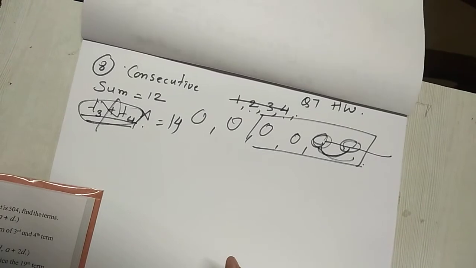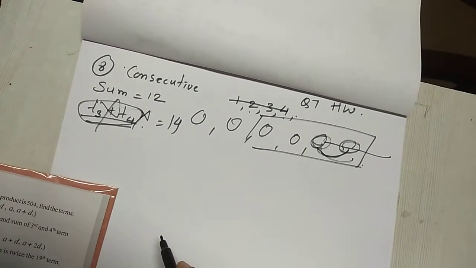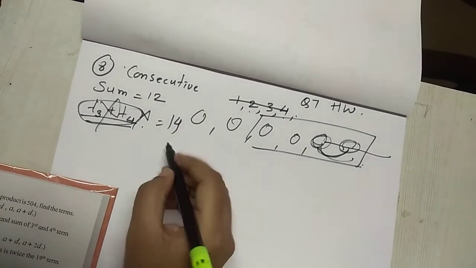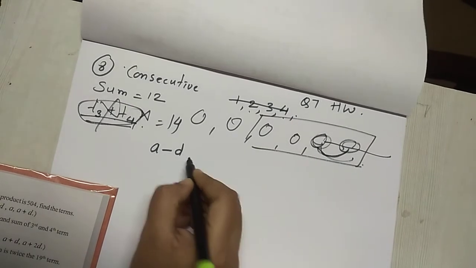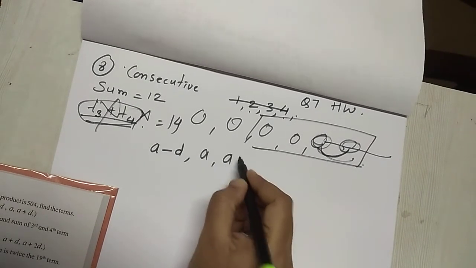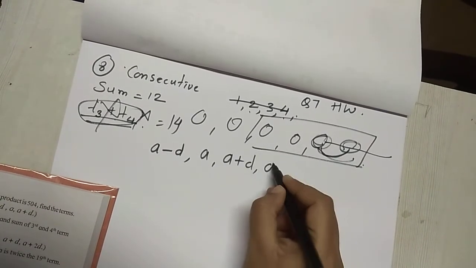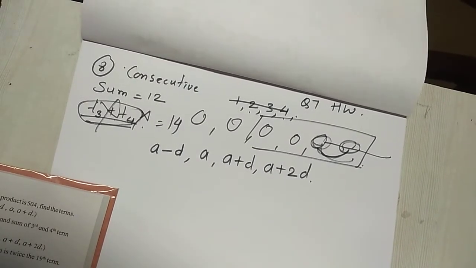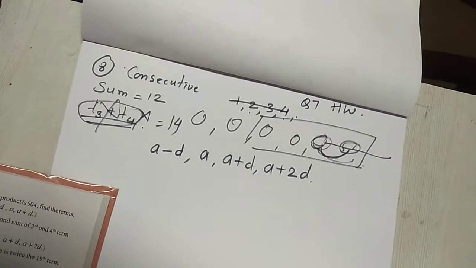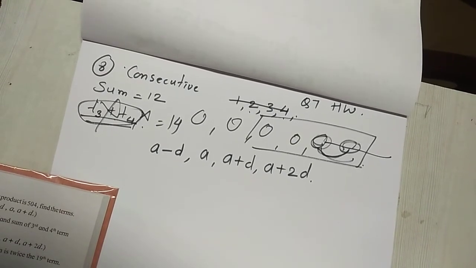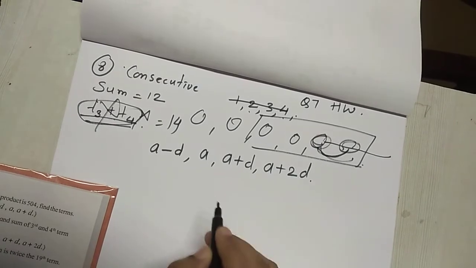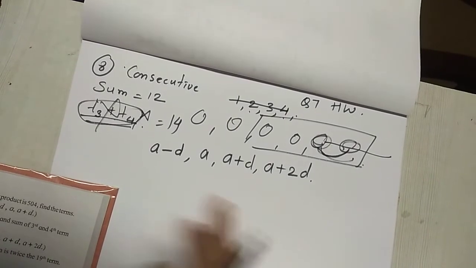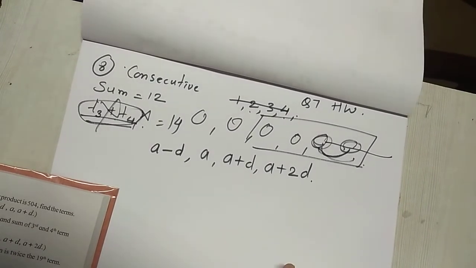Remember children. Now what we are going to do is assume the terms as a minus 3d, a minus d, a plus d, a plus 3d. Now you will say why did we assume like this? See children, whenever they talk about 2 consecutive terms or 3 or 4 consecutive terms, remember in the AP the terms always increase with a difference.